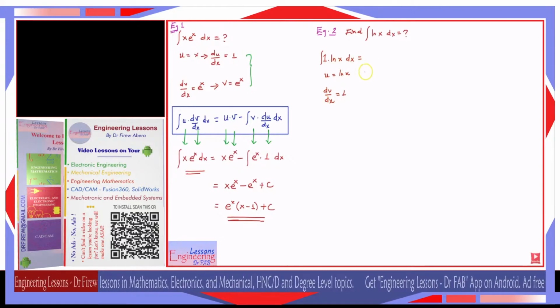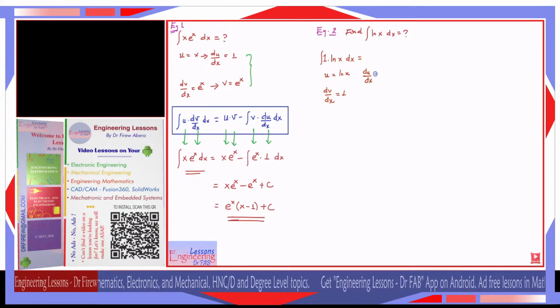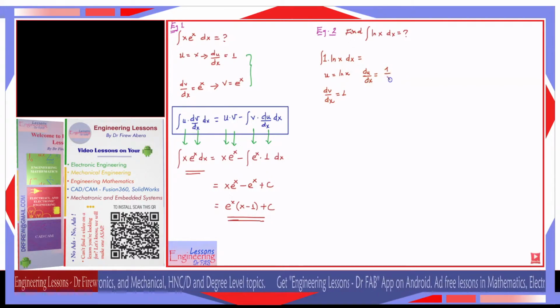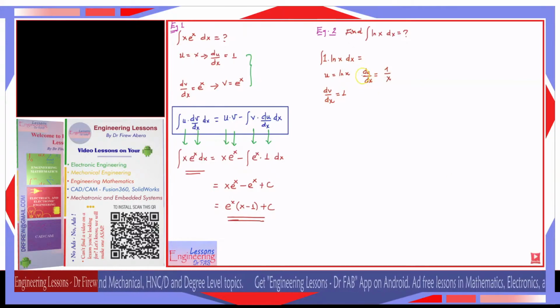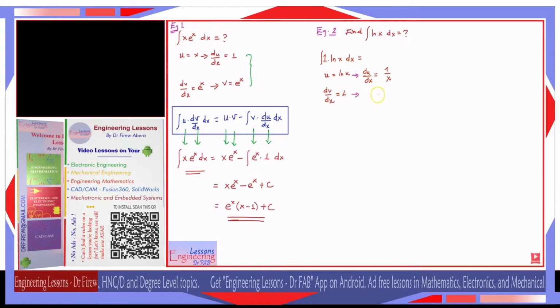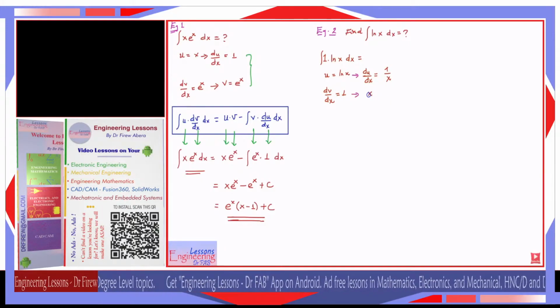So what is du by dx? This is 1 over x. To find v, find a function that when you differentiate it gives you 1. This is easy. This is x.